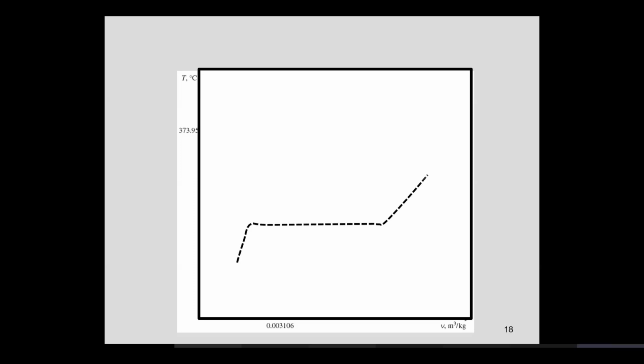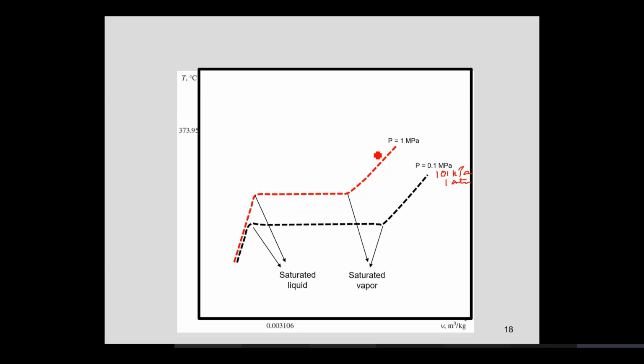Is this point clear that this line is for, let's say, 0.1 megapascal? That means 101 kilopascal or 1 atmosphere. If this is the line for 1 megapascal, the line would be higher. Now, these are the saturated liquid points, these are the saturated vapor points.